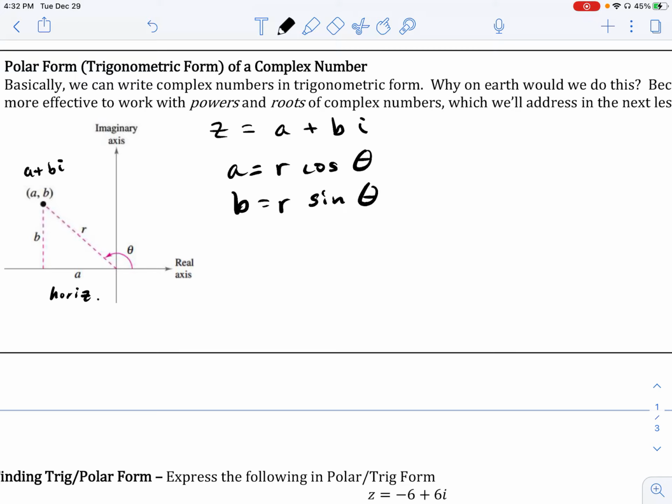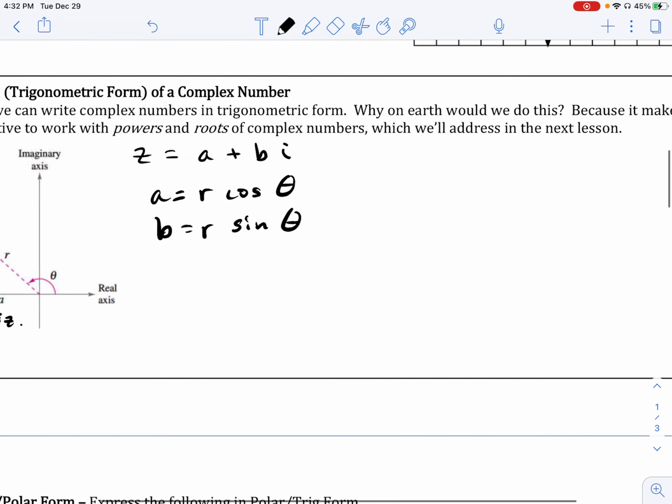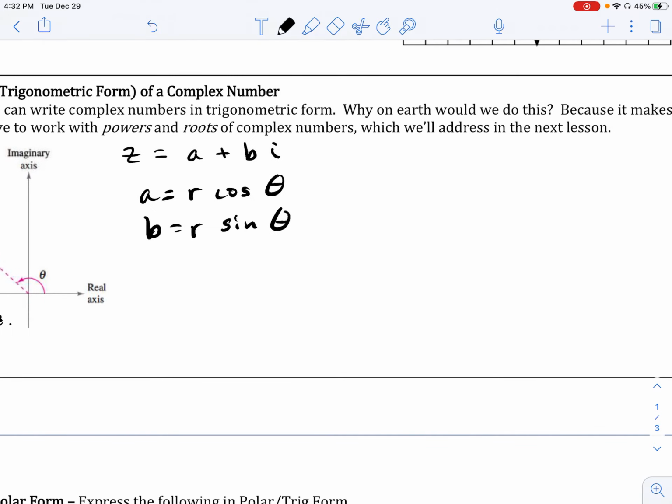So writing a plus bi, this complex number in trigonometric form, would be the same as writing... this is the complex number in standard form, not to be confused with standard form for vectors, but standard form for complex numbers.